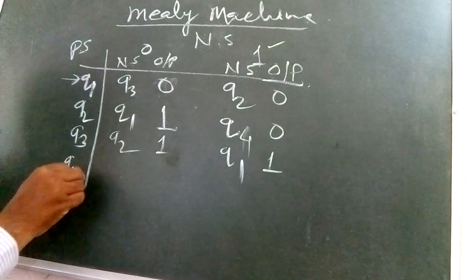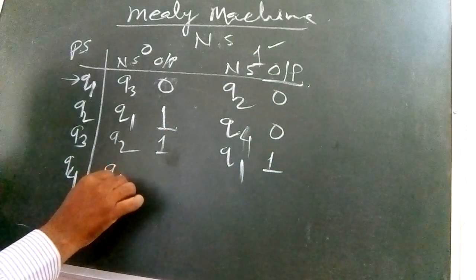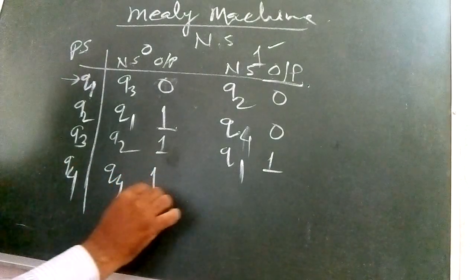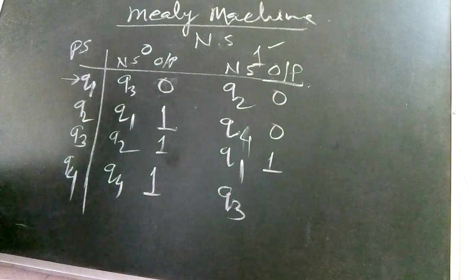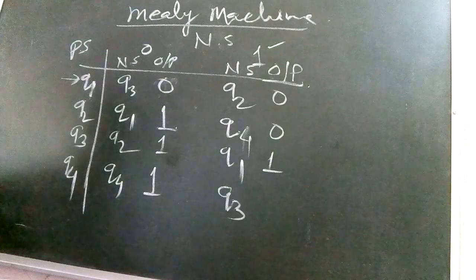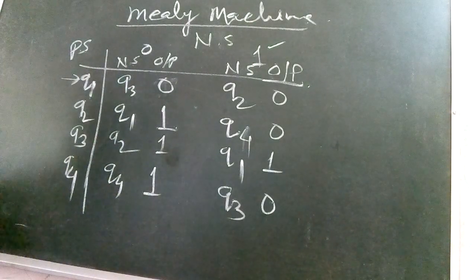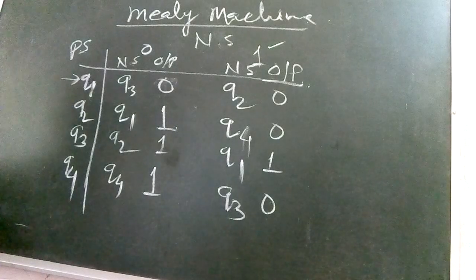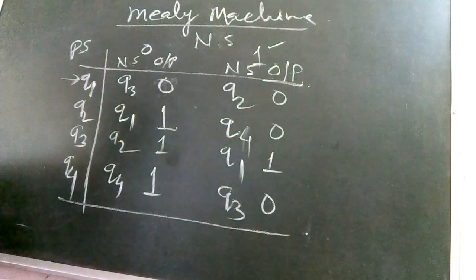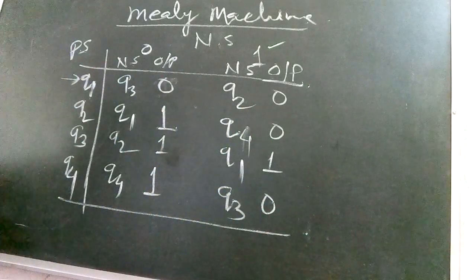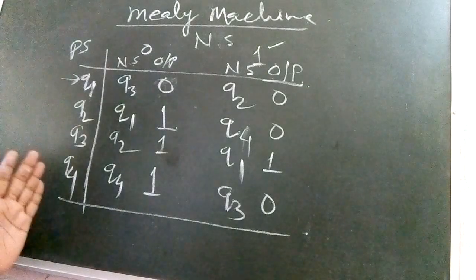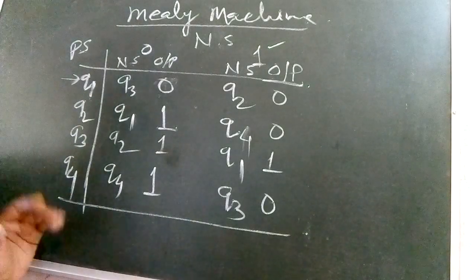And from state Q4, for input 0 its next state is Q4 and output is 1. For input 1, next state is Q3 and output is 0. Correct.